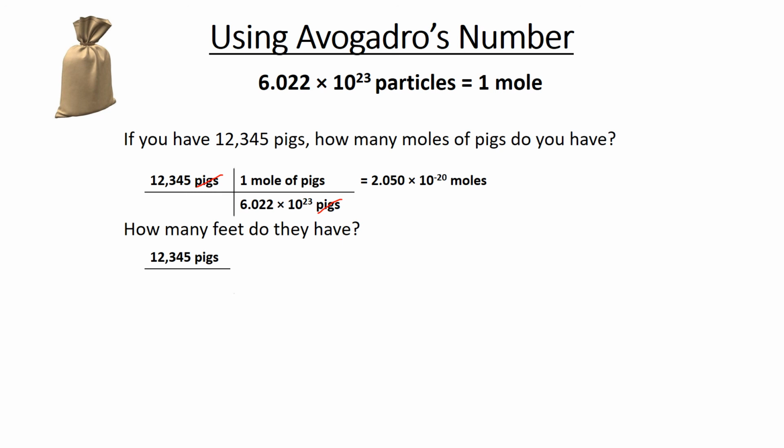Write that in the form of a conversion factor. Yes, one pig has 4 pig feet. So if I have pigs on the top and pigs on the bottom, when I do this math, it'll tell me how many pig feet I have. Well, that's 49,380 feet, 4 times 12,345. So that's how many feet the pigs have.